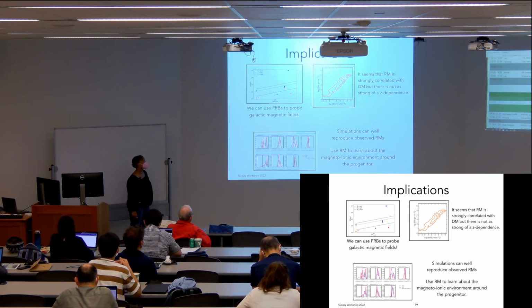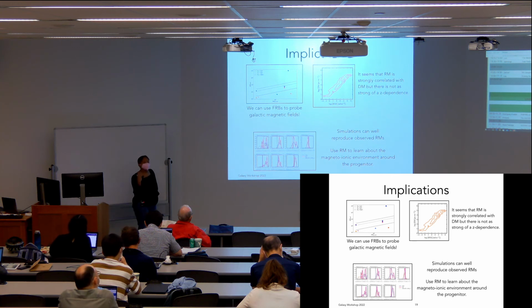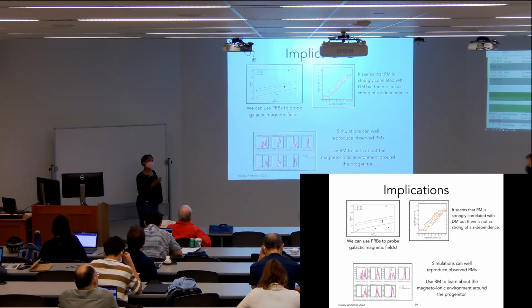That is a great question. For most of these FRBs, there's just a single sight line through each of the galaxies. As we get more bursts that intersect a single galaxy more and more, I think we could say more about that. At this point, maybe the thing would be to use other sources of short-duration radio emission that are not FRBs, for which we could also get rotation and dispersion measures.